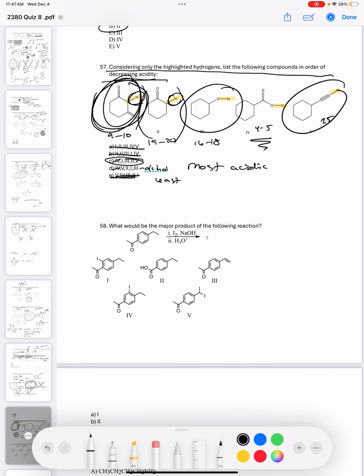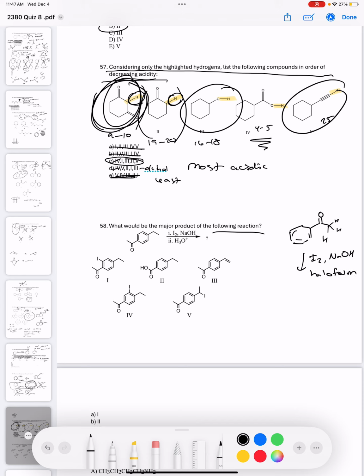Okay, the next one. When I see a benzene ring like this with a methyl right here and 3 hydrogens, we learned a specific reaction with I2 and NaOH that is called the haloform reaction.